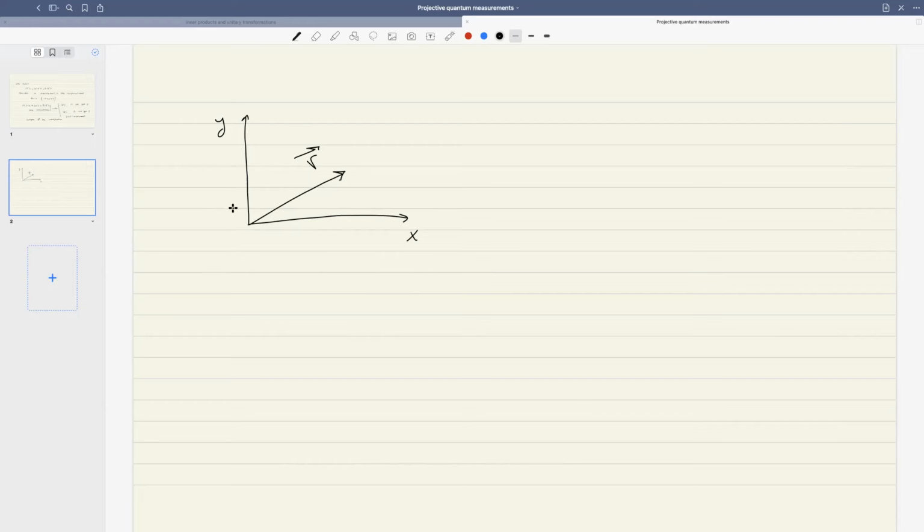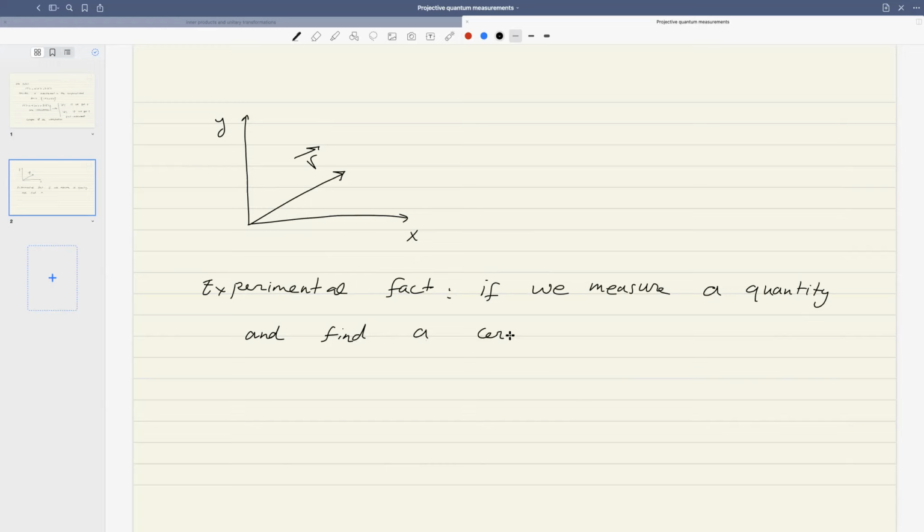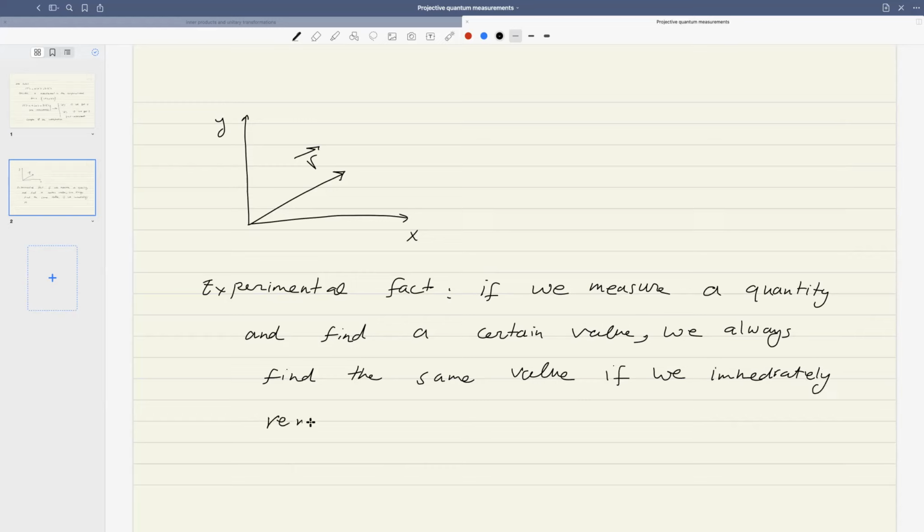And this follows from an empirical experimental fact: if we measure a quantity and find a certain value, we always find the same value if we immediately remeasure the same quantity.